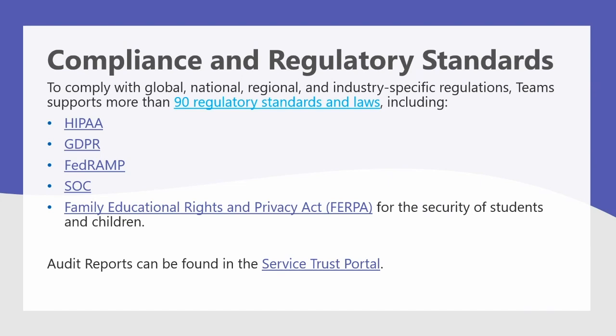So you can look up the specifics of how Microsoft supports these regulations, and I'll show you that in just a second. And then if you need to prepare for an audit, like present documentation to your auditor showing how Office 365 meets the regulation standards, you can find those reports in the Service Trust portal.